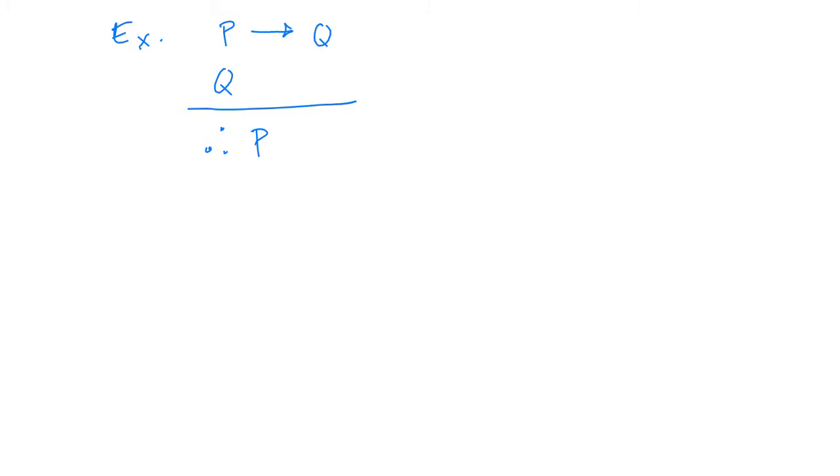So we will do the symbolic form, which is if premise 1, so the first premise is in the first line, and premise 2, which is Q, then the conclusion, which is P. So that's the format. And then we will make the truth table.